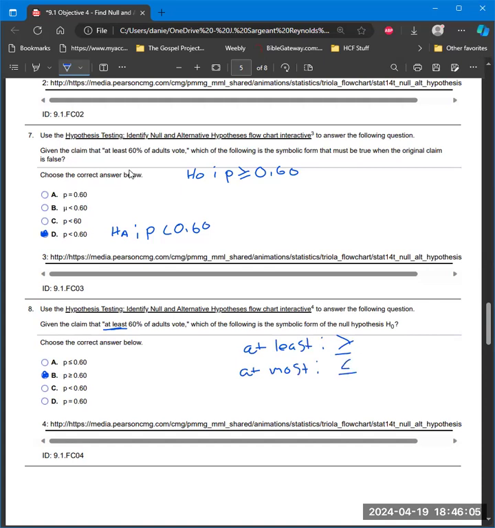This is also no more than, and no less than. There are a couple other ways to say those things. And you know that you can say greater than or equal to or less than or equal to.